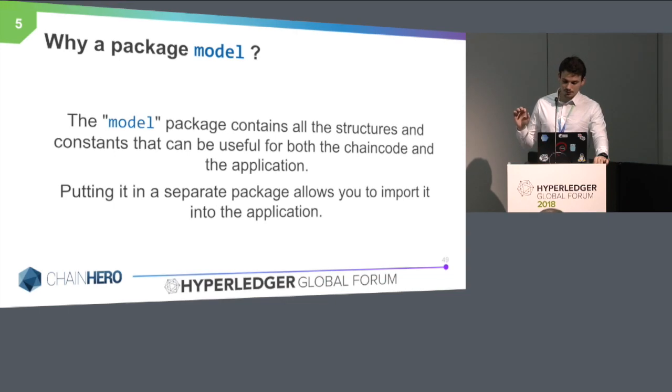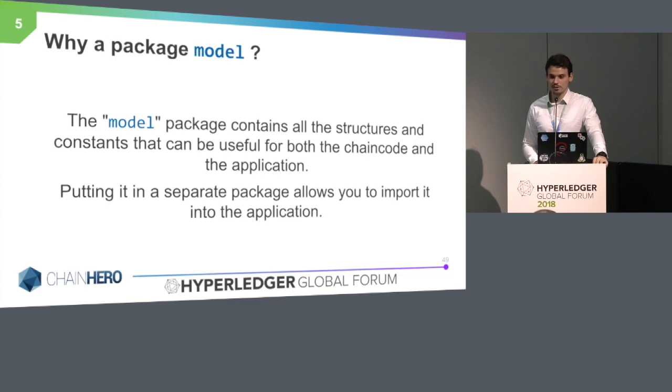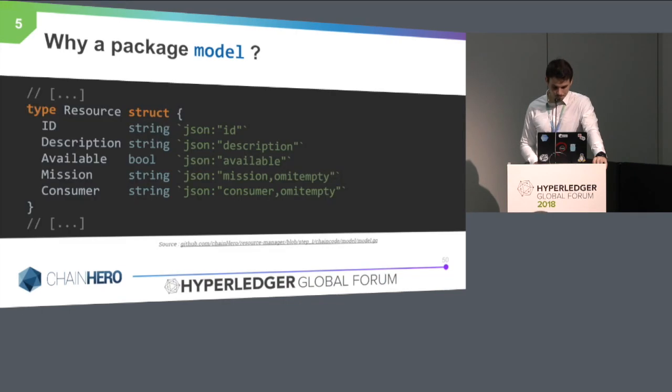I put this information in another package to allow that. You can depend on the main package. If you have already written in Go, you know this kind of stuff.